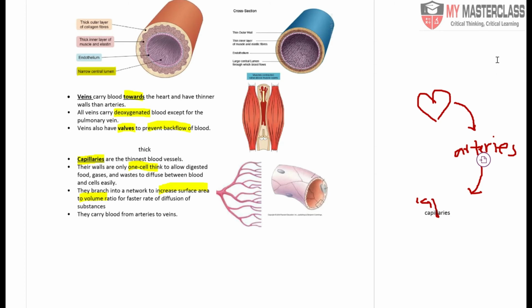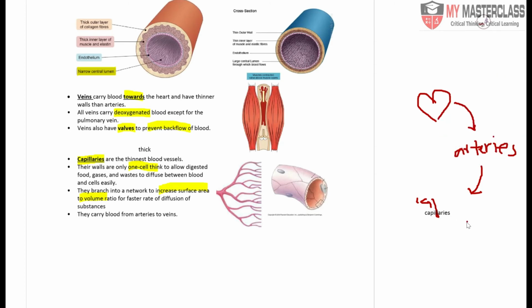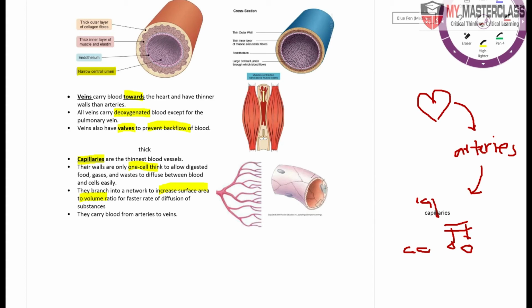Over at this junction, this particular capillary is going to allow substances to enter into my cells. On the other end, I will have waste products such as carbon dioxide being removed, and carbon dioxide, etc., will enter back into the capillaries.